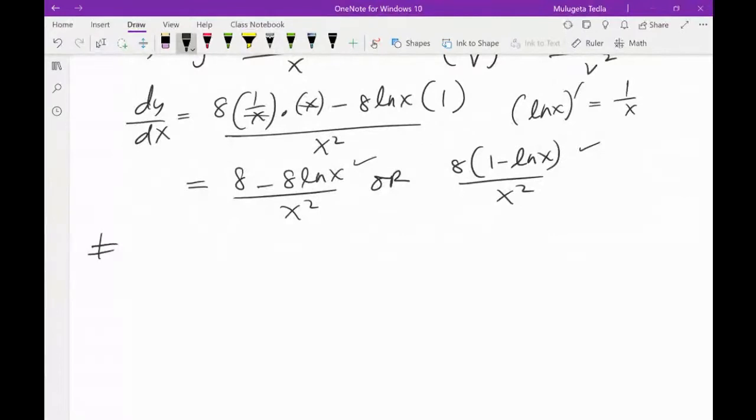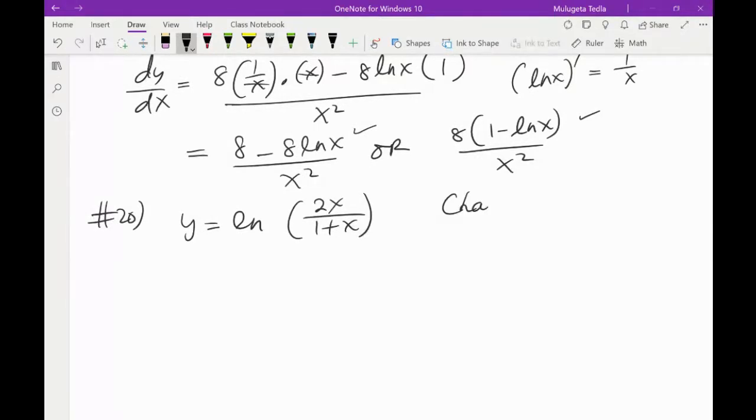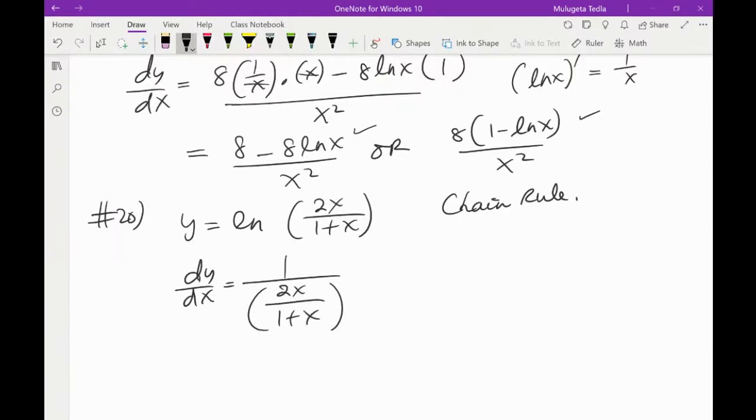Number 20, I have y equals ln of 2x over 1 plus x. So this is chain rule. Again, chain rule: dy by dx is 1 over the input, 1 over this. You shouldn't have written this because I'm writing it to make sure you follow me, but normally you can flip this.